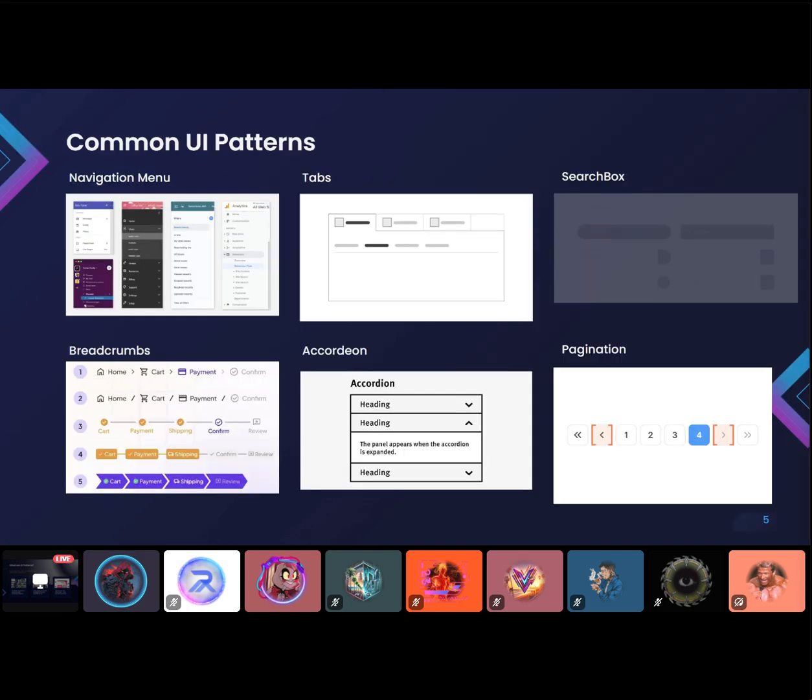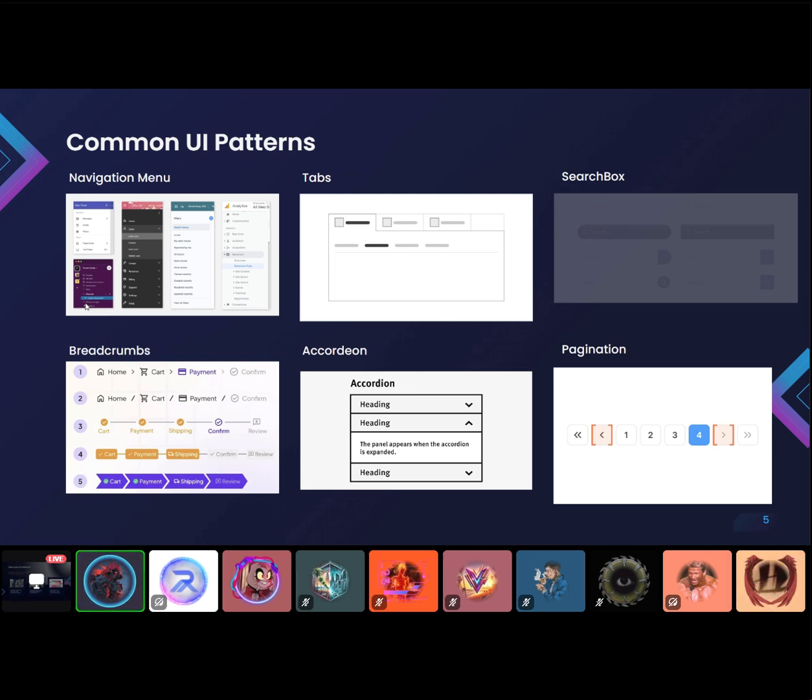So moving on, I will go through some of the most common patterns that you will see. On the top left, we have the navigation menu. Normally, they are on the left side of the screen. All of them have either just text or text with icons, and a way to divide them by sections if you need.